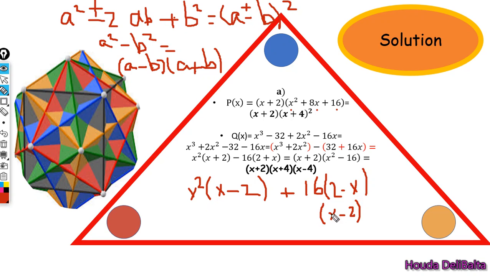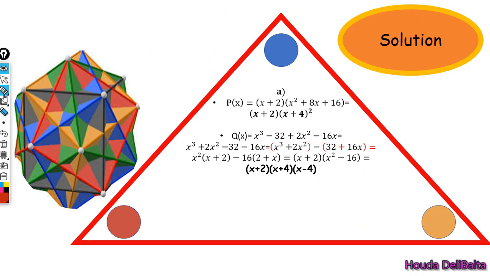But because we reverse it, we have to reverse the sign also. So if it is a plus, it's going to be minus, and if it is minus, it's going to be plus. Please keep this note in your mind whenever you have a minus in the middle. But since here you have plus, no need to reverse and no need to change anything.